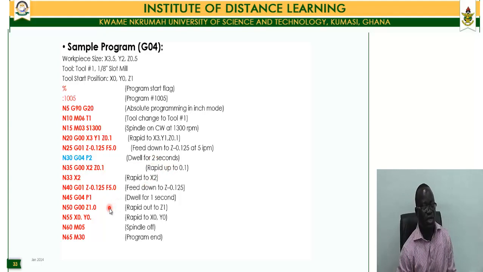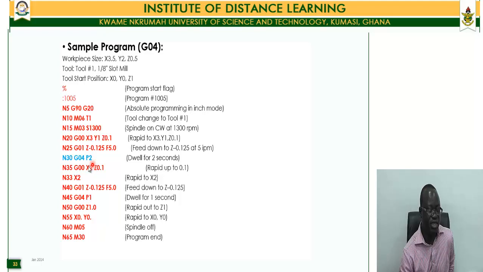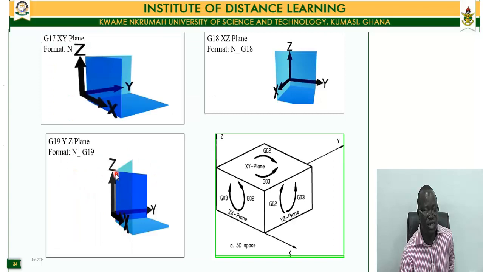So let me quickly talk about the planes. If we are working in the XY plane, then the command we issue is G17 to show that the tool is working in this plane.